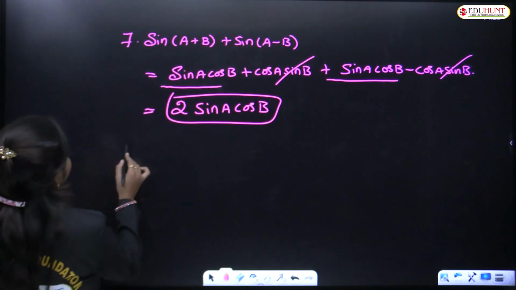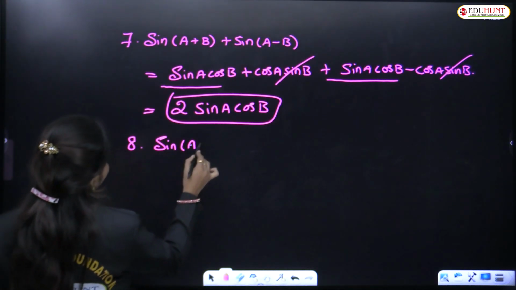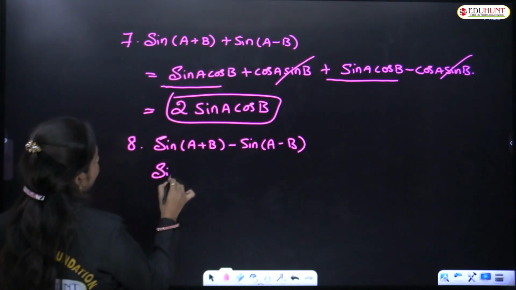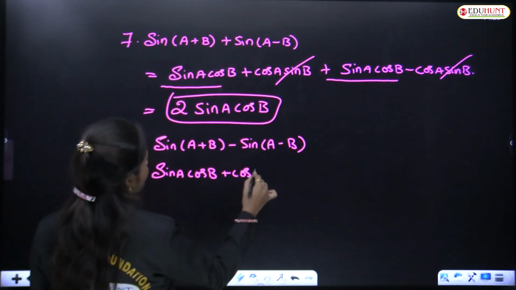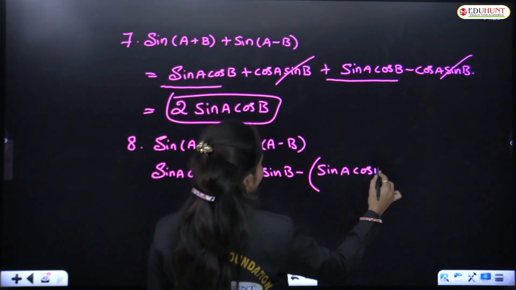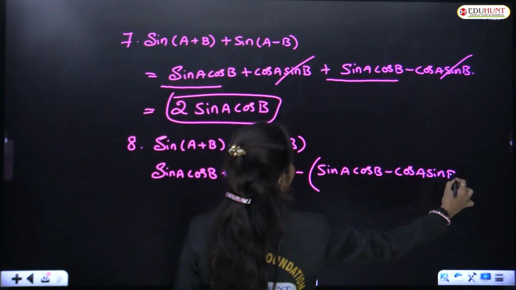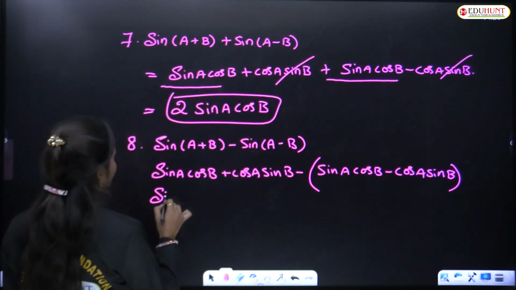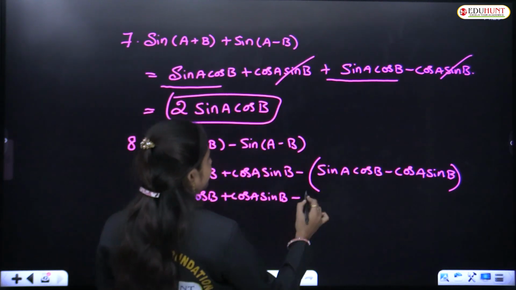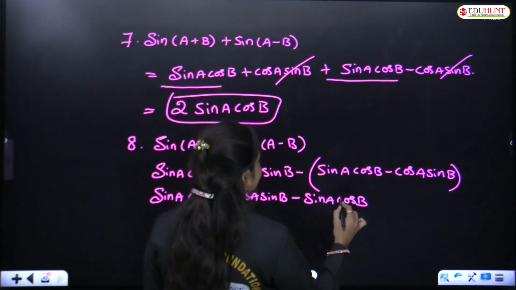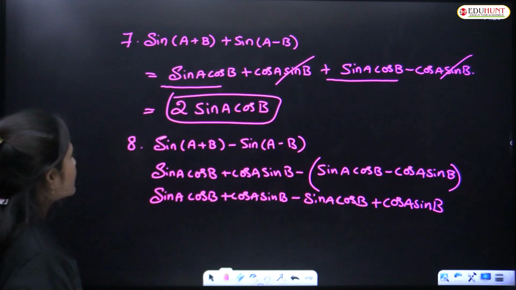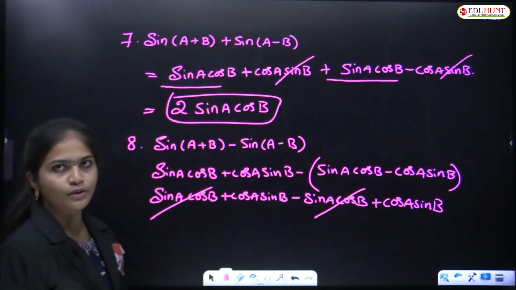Now for the subtraction, the eighth formula: sin of A plus B minus sin of A minus B. Sin of A plus B is sin A cos B plus cos A sin B, minus of sin A cos B minus cos A sin B. Now simplification: minus into minus is plus cos A sin B. Sin A cos B minus sin A cos B, positive and negative, get cancelled.